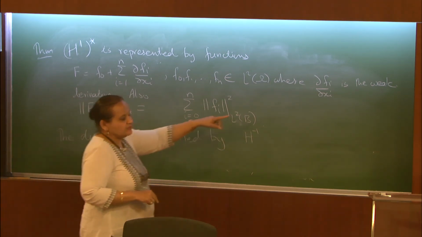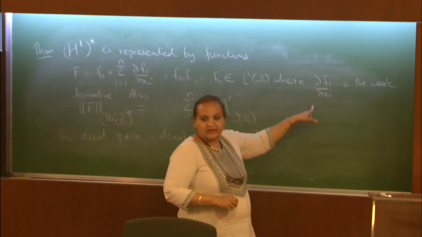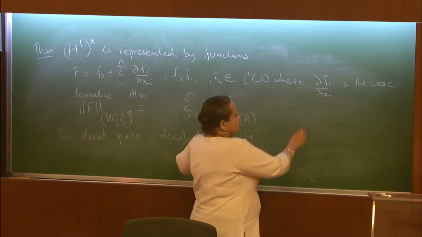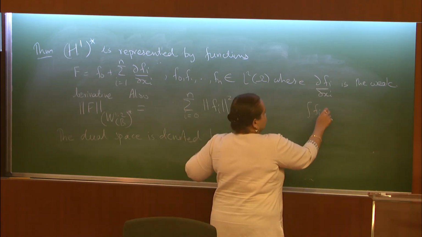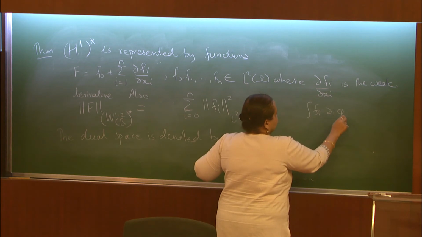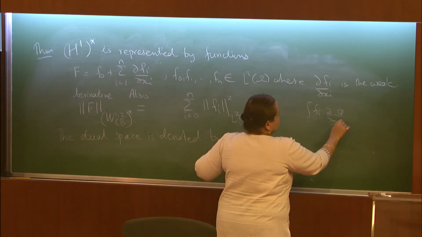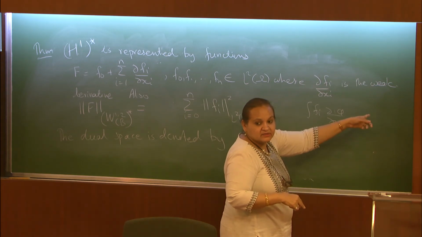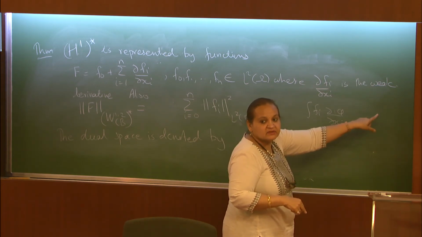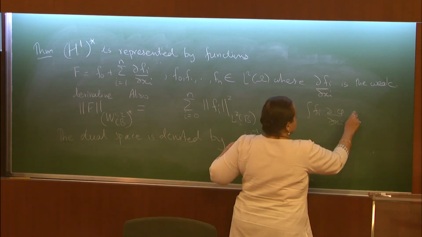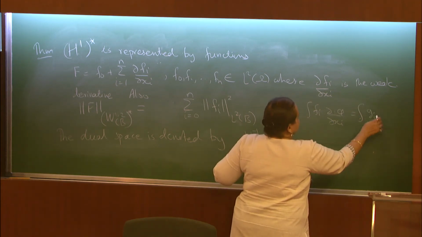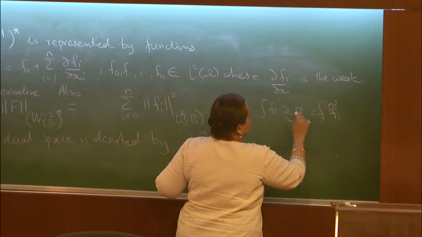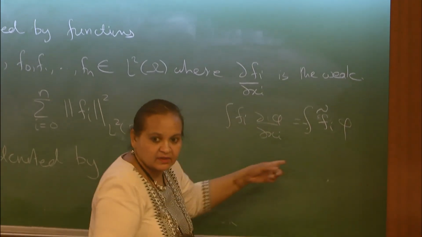So here, when I write df_i/dx_i in the weak sense, the weak derivative means what? The integral of f_i times the derivative of phi with respect to x_i is equal to some function times phi. Okay, so it is in H^{-1}, right?